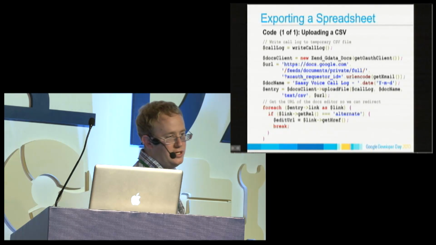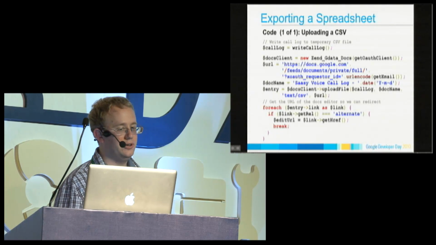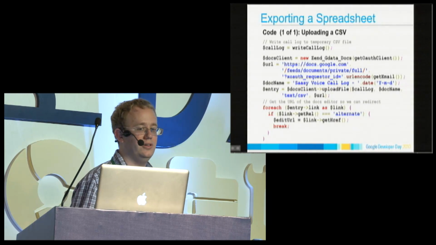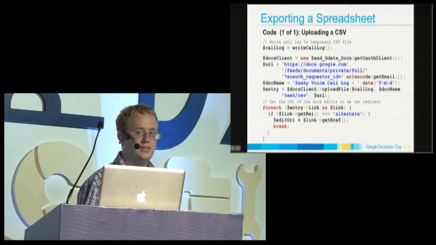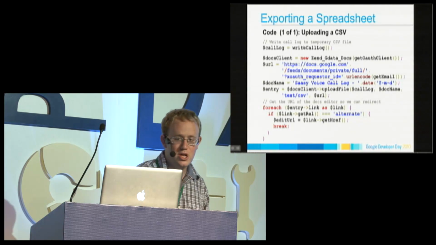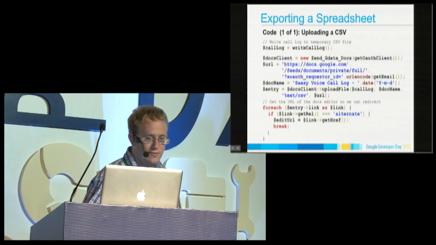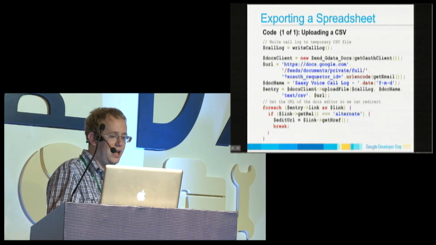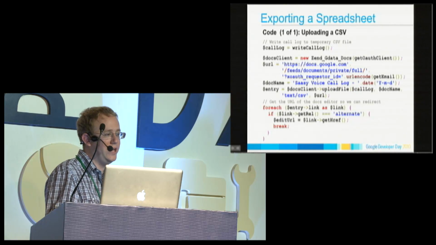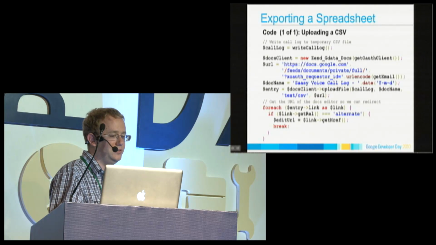For exporting a spreadsheet, there are a couple different ways to do this, but the easiest way to export a spreadsheet is to create a CSV file. That's what write call log does, and you're all probably familiar with creating CSV files. It's very simple. So write call log creates a CSV file, then forms up a URL, again having that XOAuth requester ID, identifying the email address of the currently logged in user, and uploads that file.